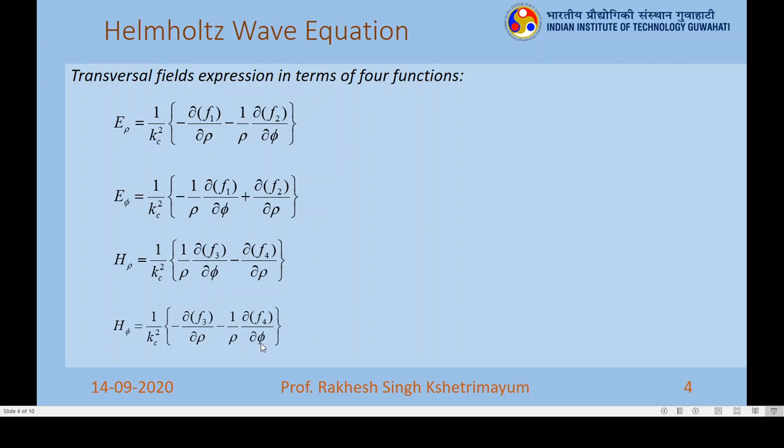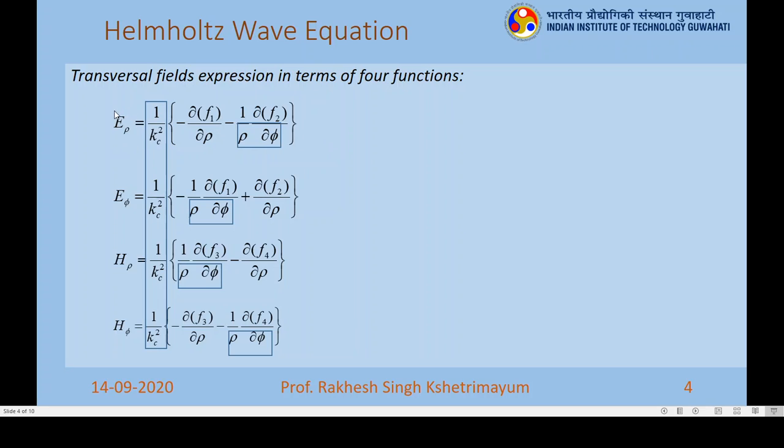Now this formula has a simple way of remembering it. Let us look at it closely. Outside the second bracket, we have 1 by kc square, which we have already defined as the cutoff wave number. You can also observe that whenever I take a partial derivative with respect to phi, I multiply by 1 by rho: 1 by rho, del by del phi, everywhere.